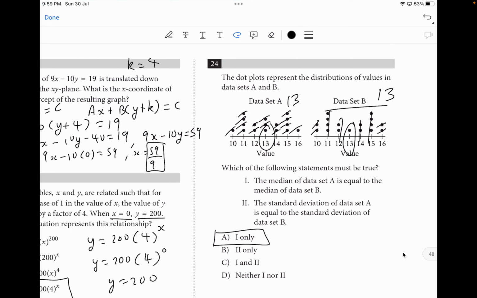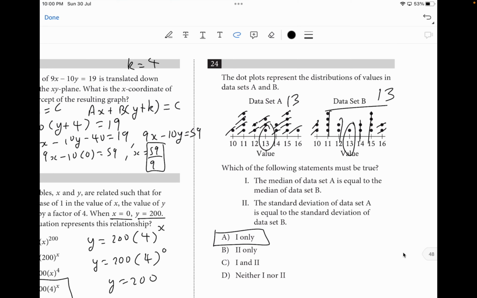Now, dataset A and dataset B have the same frequency for each of the values 11, 12, 14, and 15. Have you noticed that? Dataset A has a frequency of 1 for values 10 and 16, whereas dataset B has a frequency of 2 for values 10 and 16.